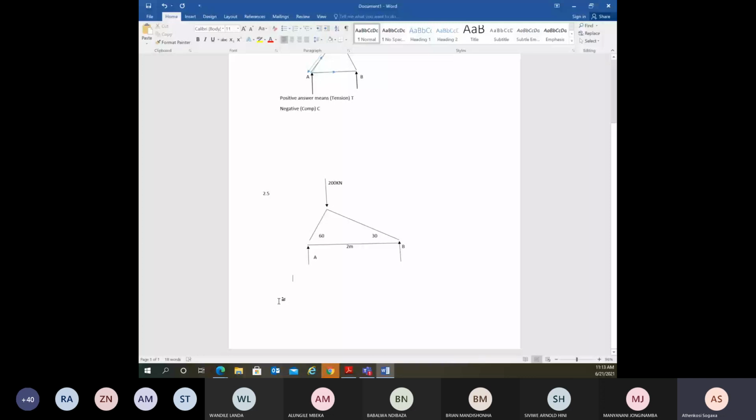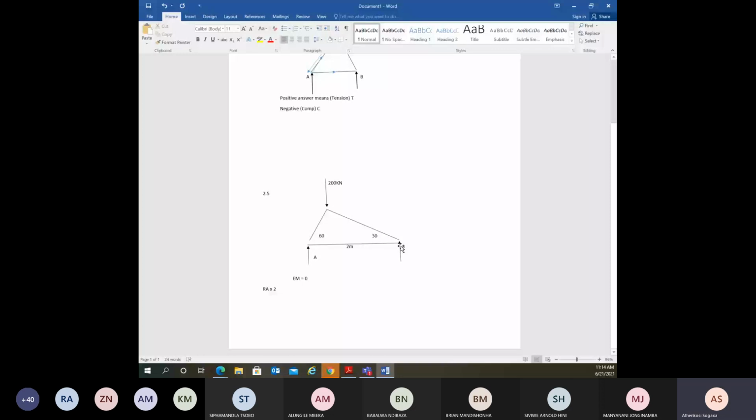Therefore, we say RA times 2, the perpendicular distance. RA is pushing upwards, so taking moments about B, it turns in a clockwise direction.